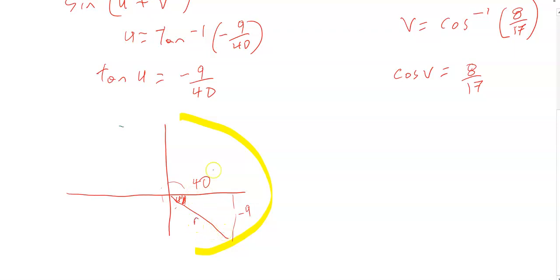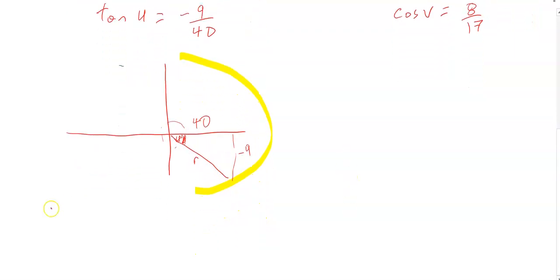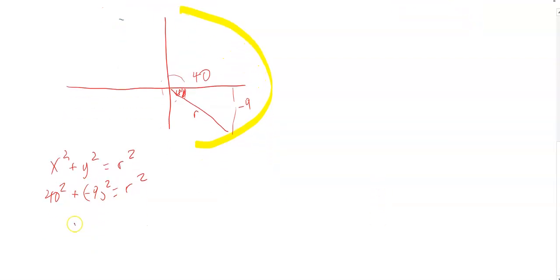And we want to find r. We know x squared plus y squared is equal to r squared. So that would be 40 squared plus negative 9 squared equal to r squared. If we simplify and solve for that, we end up with r equal to 41.